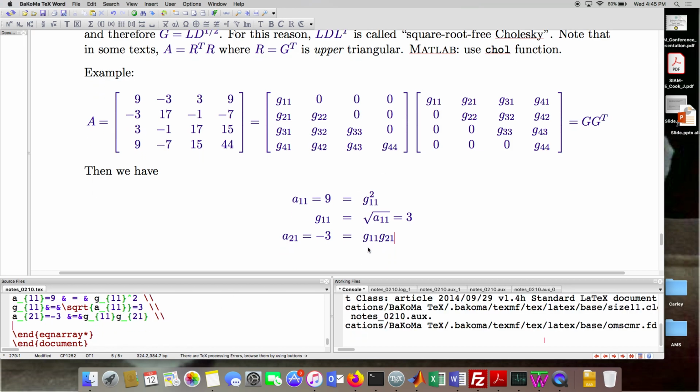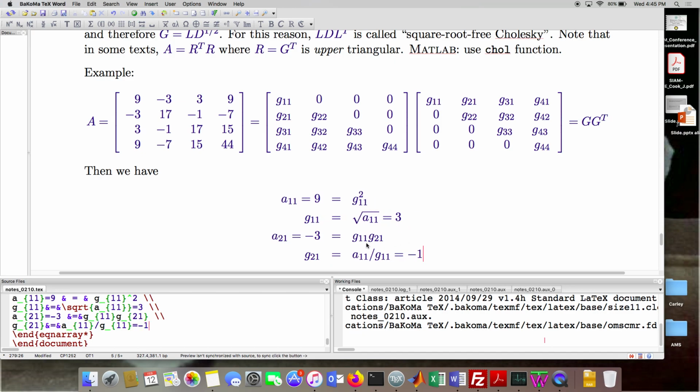Now G11 is already known. So G21 is equal to A21 over G11. So that's going to be minus 1. Questions so far? So it's just matching A against a matrix product.